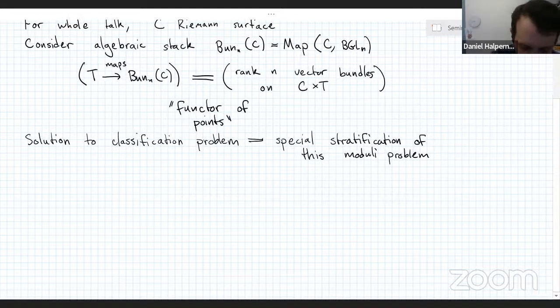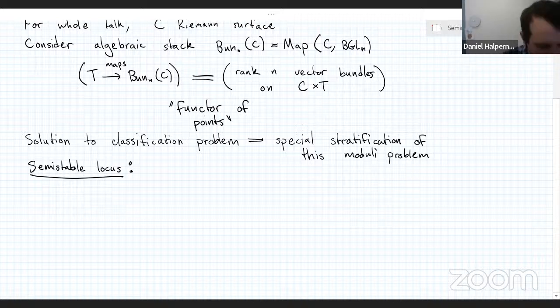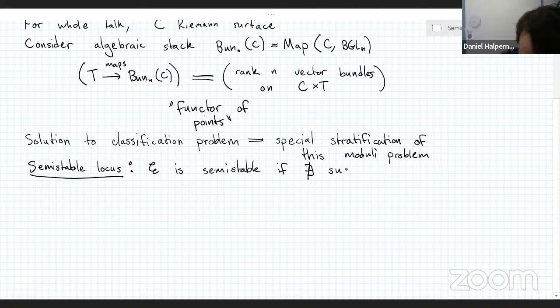This is very classical, but I want to review it because it's not too far from what I'd like to tell you about today. Basically, you have a semistable locus. A vector bundle is semistable if it has no subbundle of larger slope.